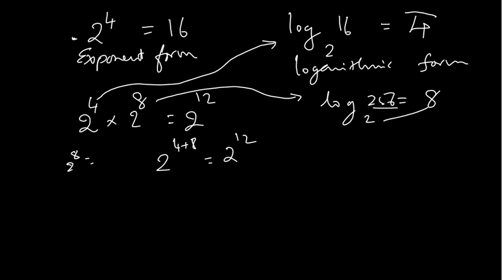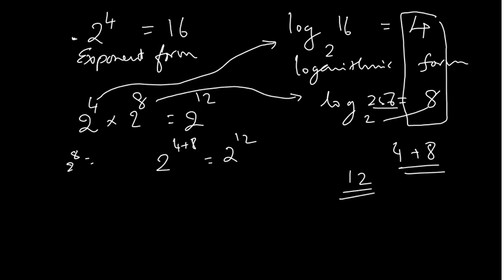So you simply add whatever is on the right side: 4 plus 8, you get 12. So the 12 you are already getting by adding onto the right side.